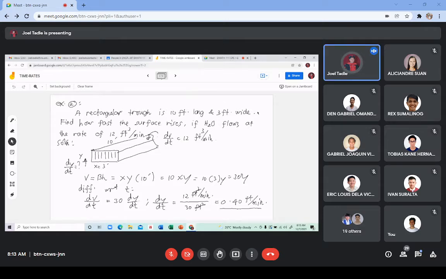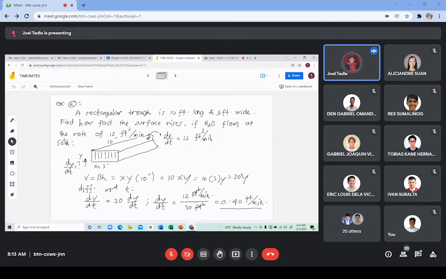So we have here a rectangular trough. This is 10 feet long and 3 feet wide. So this is the figure we will draw: a rectangular container in the form of a rectangular parallelepiped.